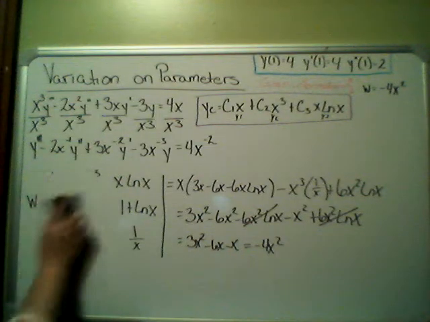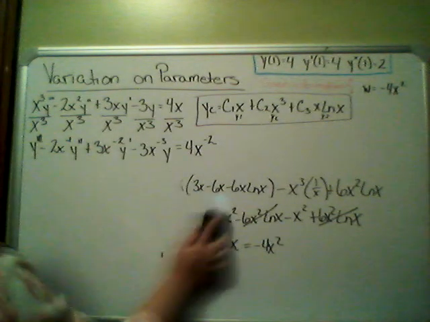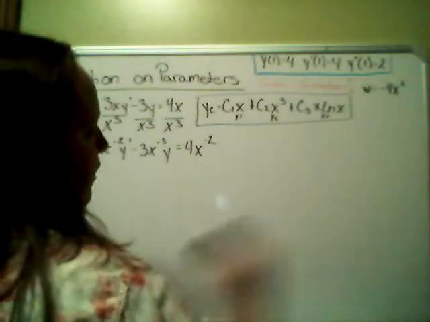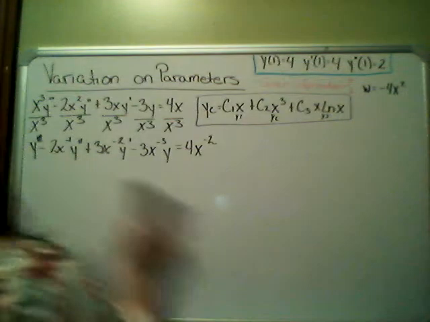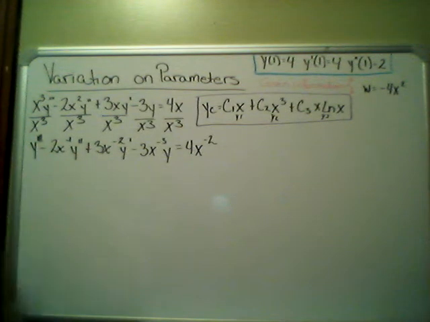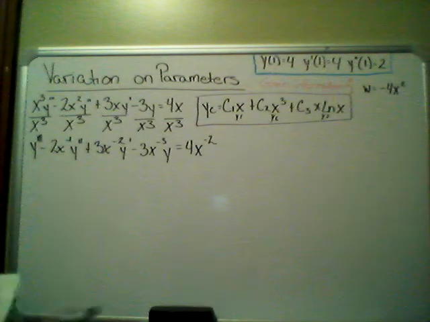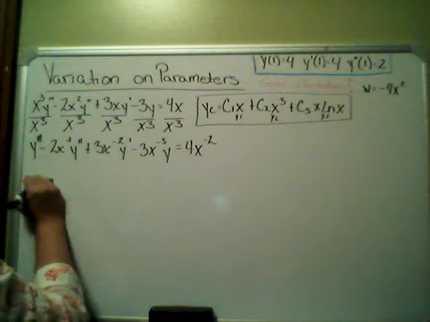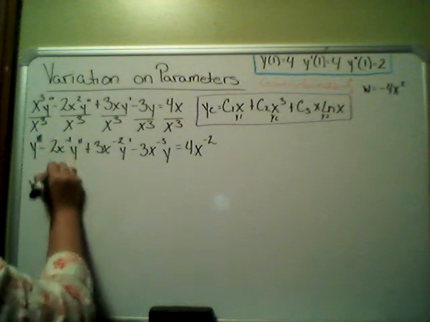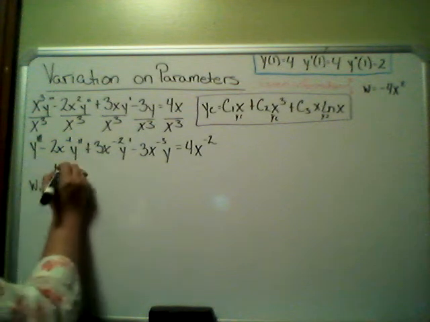Now we have to find Wronskians for each of these. We're going to have to find 3 of them because we're on a triple prime. For our first one, we put the solutions first.